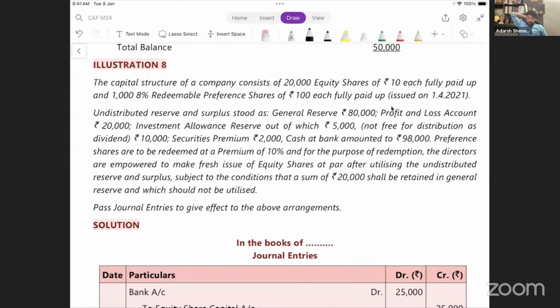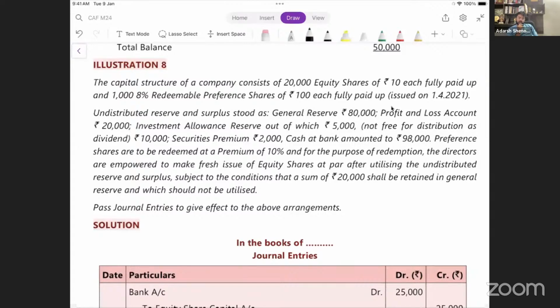Okay. Now let's look at illustration 8. The capital structure of a company consists of 20,000 equity shares of rupees 10 each, fully paid up, and 1,000 8% redeemable preference shares of rupees 100 each, fully paid up, issued on 1/4/21.